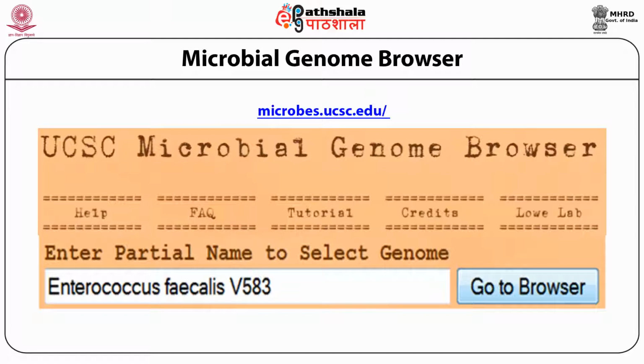For construction of the full operon, download the DNA sequence, which will include the coding sequence and the 5' and 3' untranslated regions as well as the promoter sequence. Visit the UCSC Microbial Genome Browser and enter Enterococcus faecalis V583 to go to the browser.